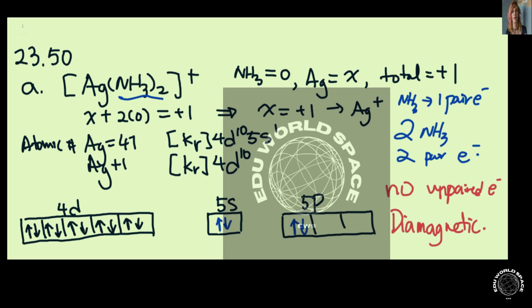Now if we look at part B, we have a complex of copper, Cu, 4 ammonia, 2+.